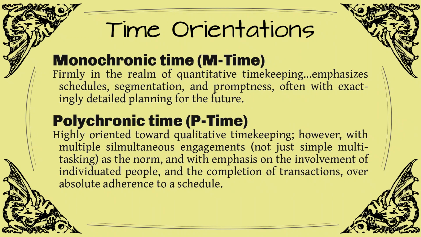But then the other thing is, in monochronic time and the ways that affects the control of space, you might think about going to a meeting at an office. If you're somewhere in the industrialized West, you might expect to be greeted by an administrative assistant who confirms that you're scheduled for the meeting and asks you to sit and wait.